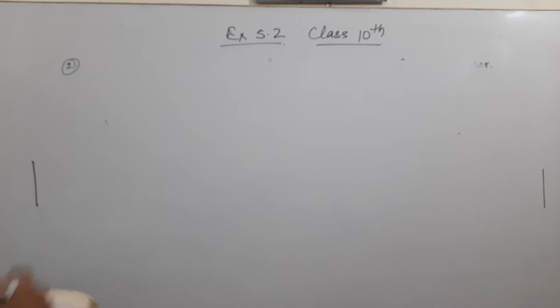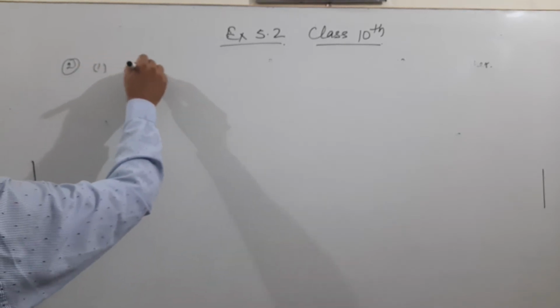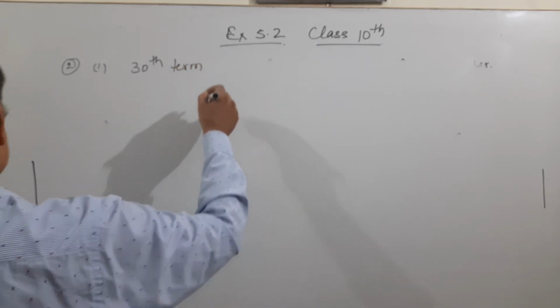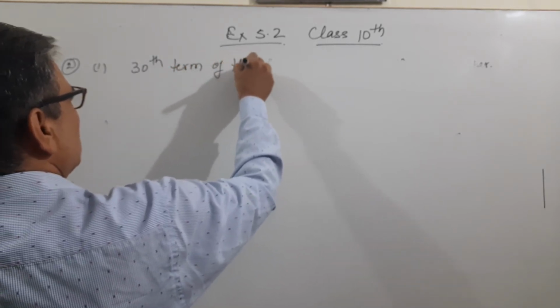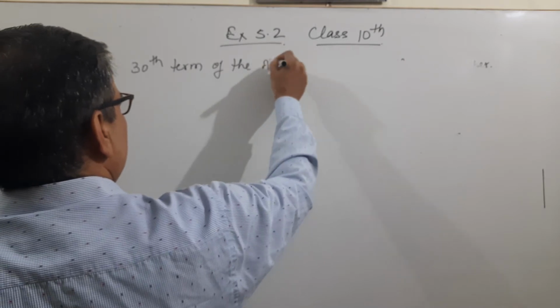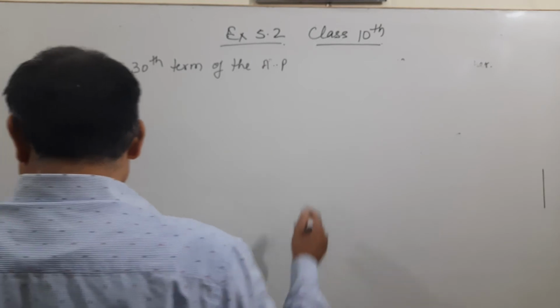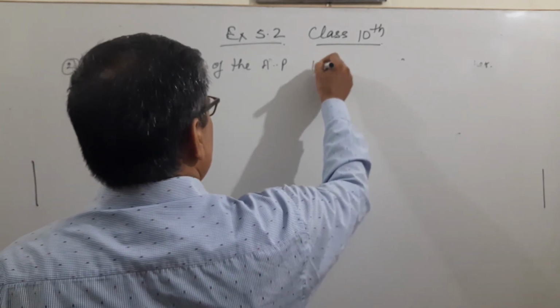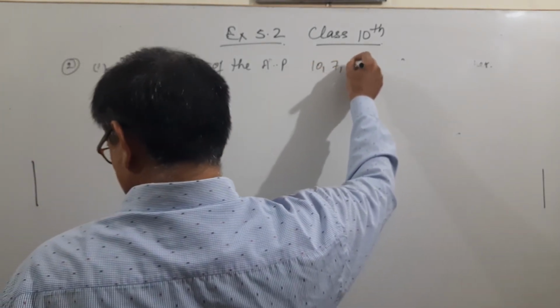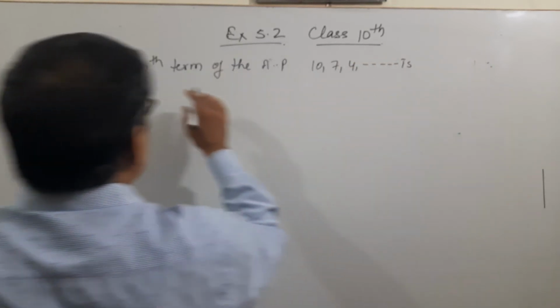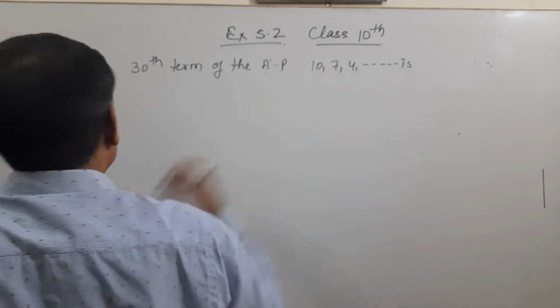Choose the correct option. The 38th term of the AP: 10, 7, 4, dash, dash, dash, dash is. It means the 38th term. This is an AP.